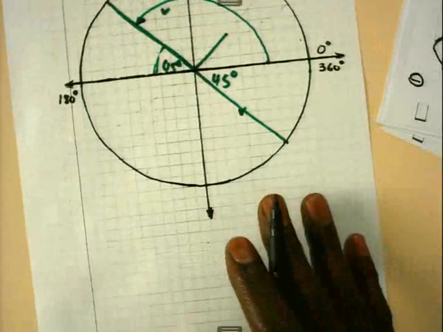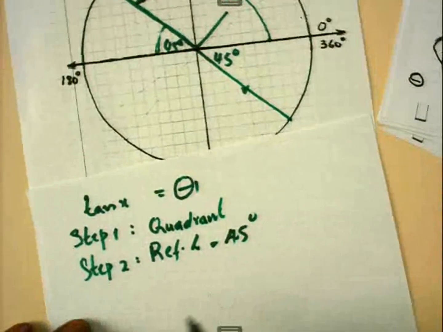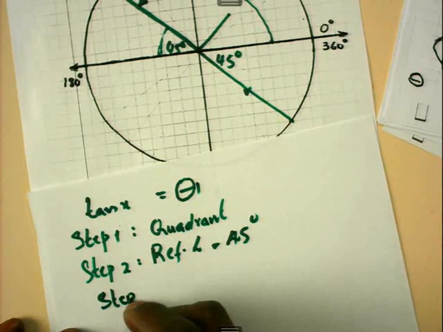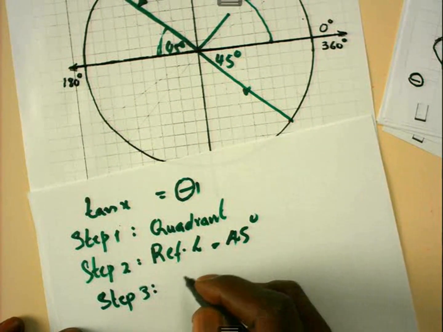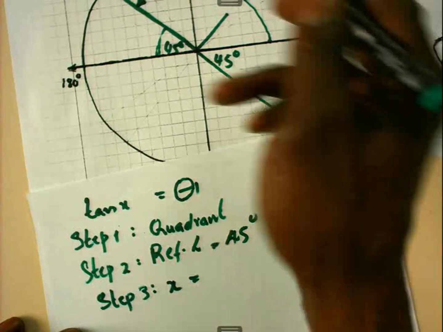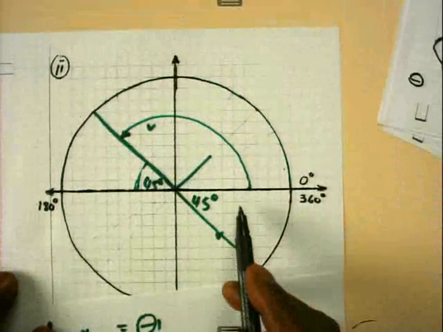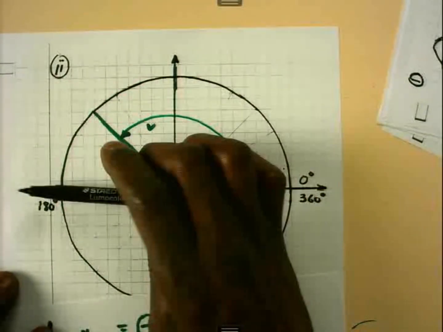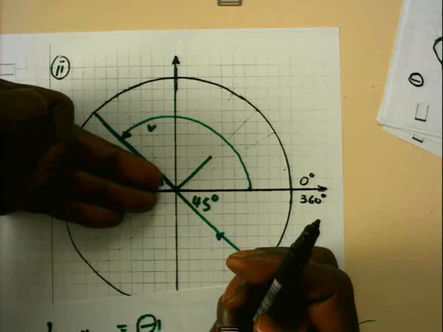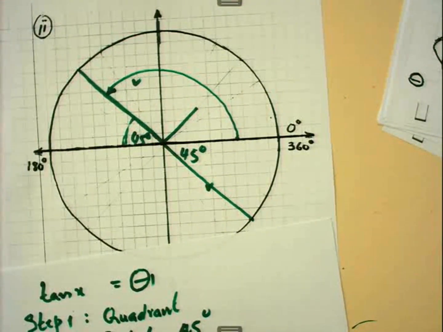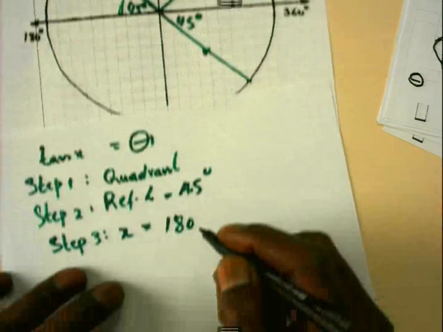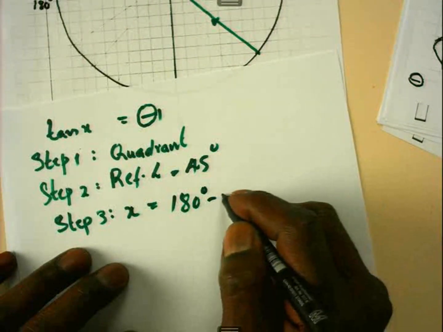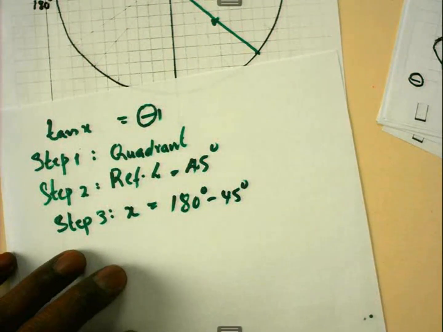So step 3, we go to our solution. x will be equal to this angle here, which is 180 degrees minus 45 degrees.